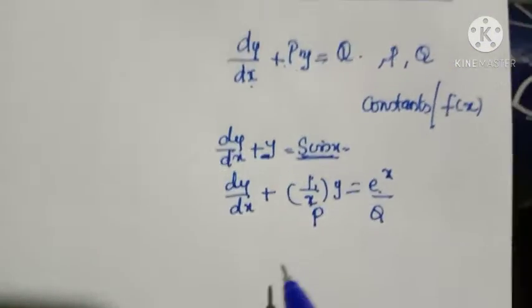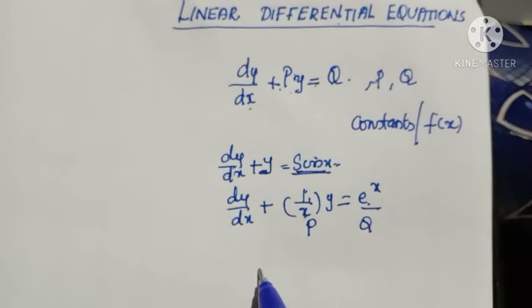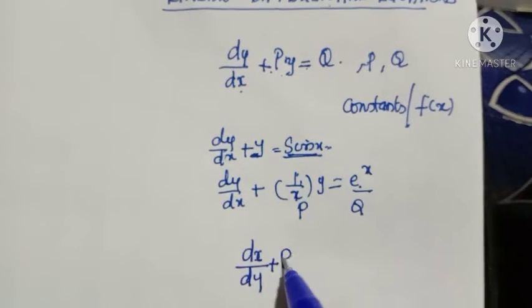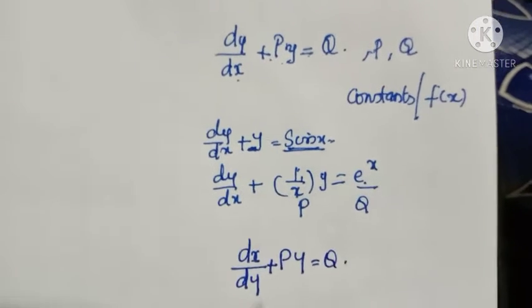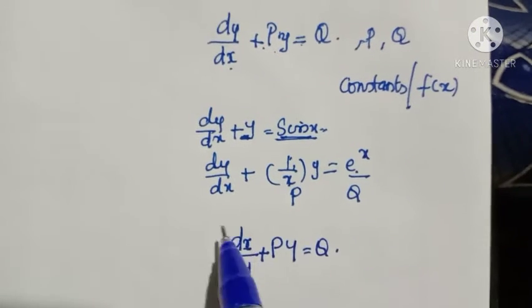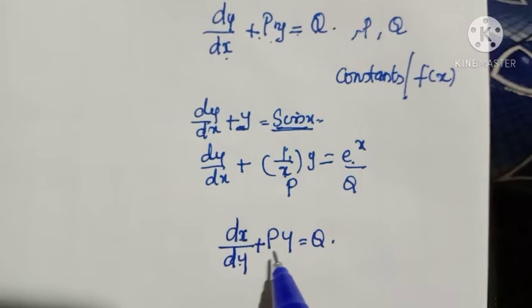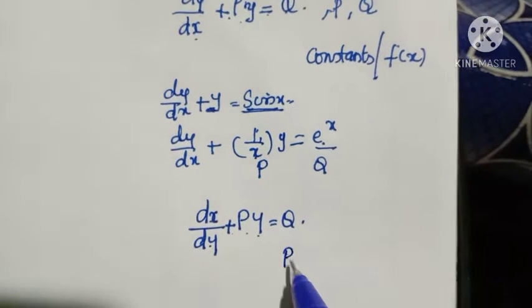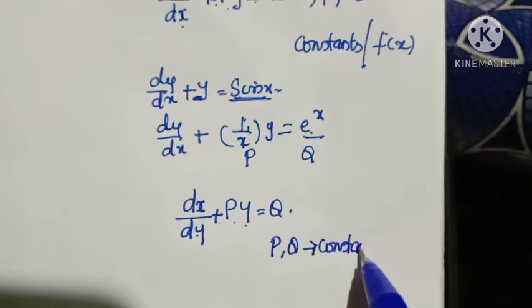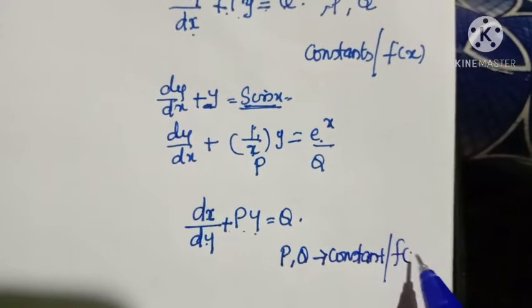We have another type of linear equation, dx by dy plus py is equal to q. See the difference: here it is dx by dy, whereas before it was dy by dx. In this case, p and q are either constants or functions of y.